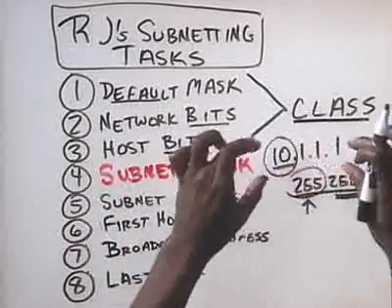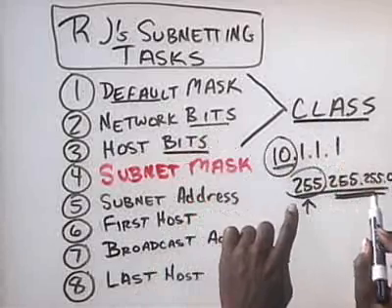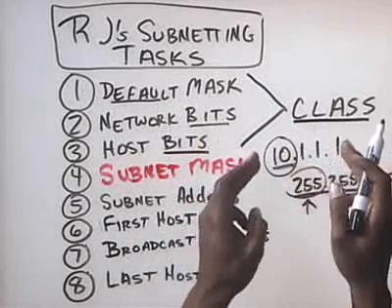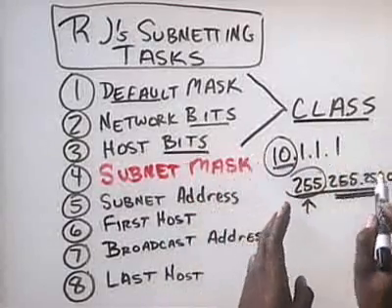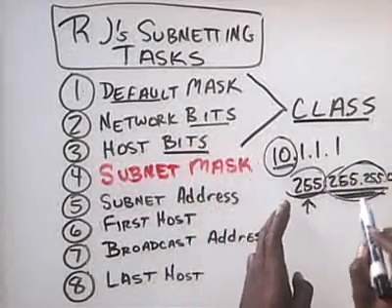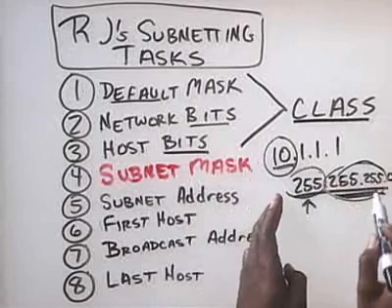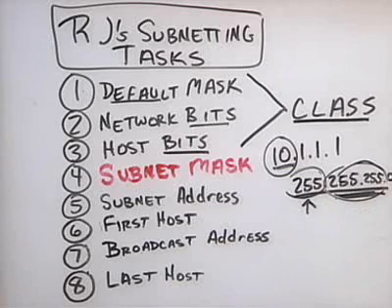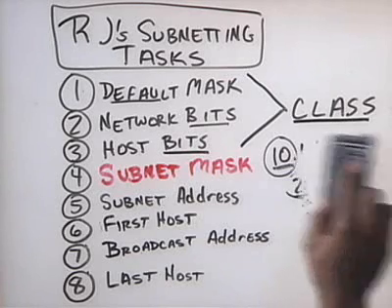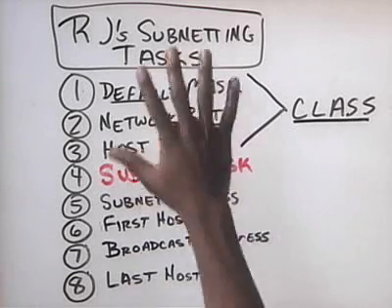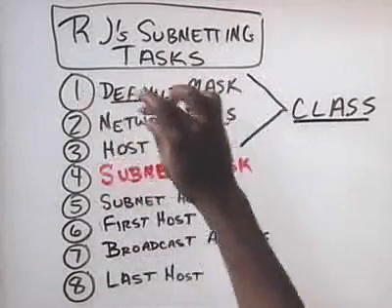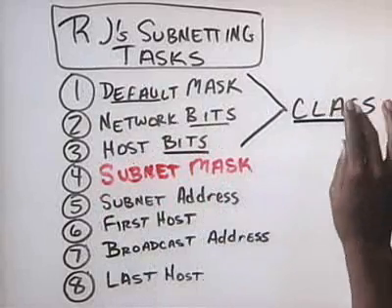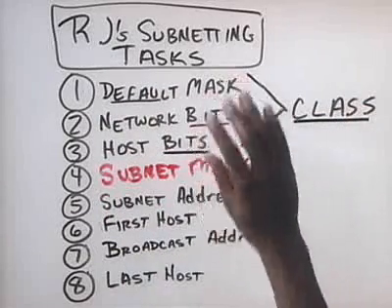This is simply a Class A address with a 24-bit mask. You could also view it as a Class A address with 16 bits of subnetting being done, because there's 8 by default and then there are an additional 16 here that are used in this particular mask. So now that we've made that clarification, let's go on further with our tasks. As we mentioned, the default mask, network bits, and host bits can all be derived simply knowing the class of the address. That first octet determines the class.